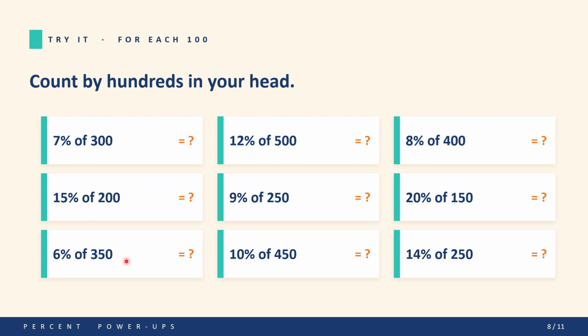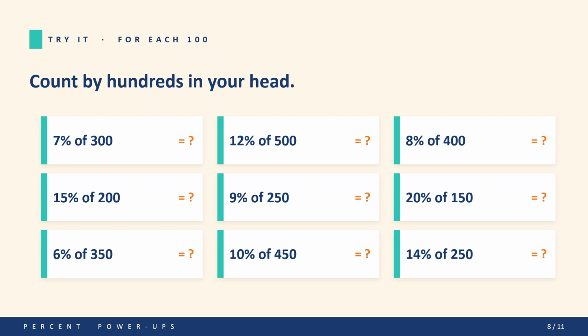Now let's try these together. What's 7% of 300? It's 7, 7, 7, 3 times. So it's 21. What's 12% of 500? It's 12 5 times. So it's 12 times 5. So it's 60. The rest, I'll do this one. 14% of 250.